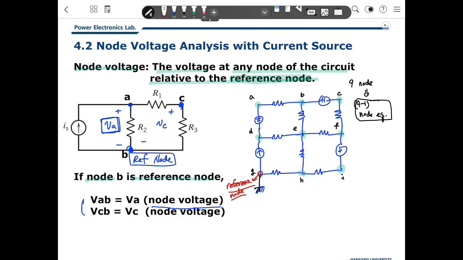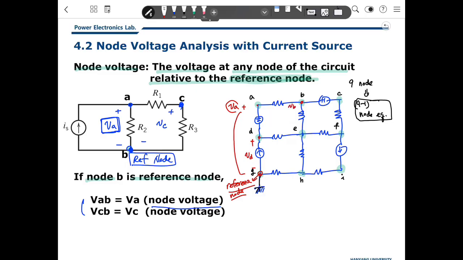Then, what is the node voltage? The node voltage here, VA, is the node voltage of node A. That means from here to there, that is VA. And what is node voltage D? That is the node voltage from G to D. And what is node voltage B?